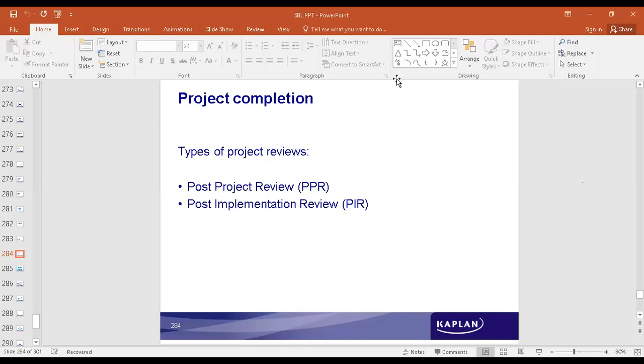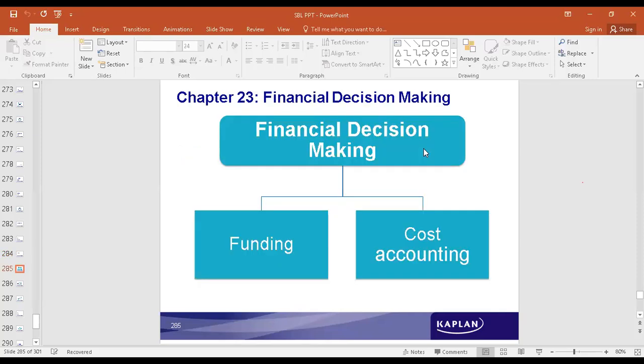Once the task is completed, it is not sufficient that it is looked into as to how it is completed, but it also has to be looked into as to whether they were able to achieve what initially it was intended to. So that kind of review also should be taken up: post project review and post implementation review. Very basic. Technically speaking, there's nothing new that you have to learn about the basic concept of project management.